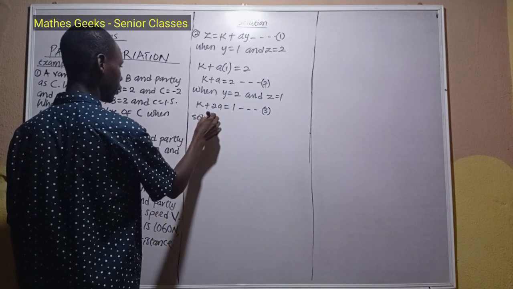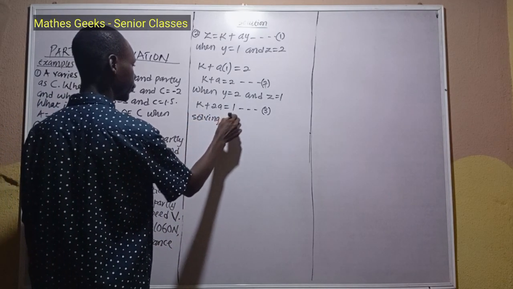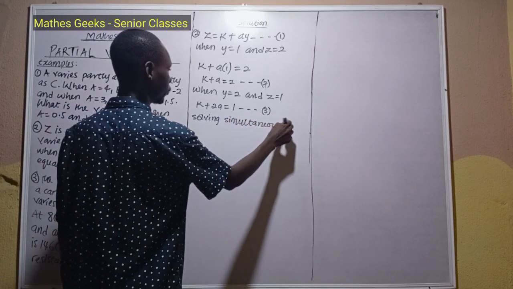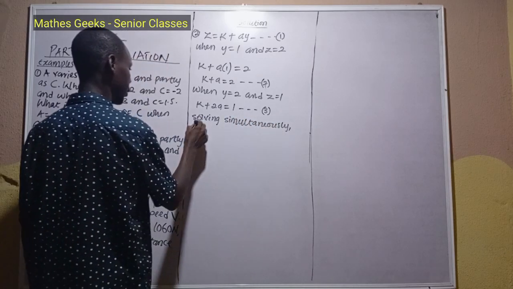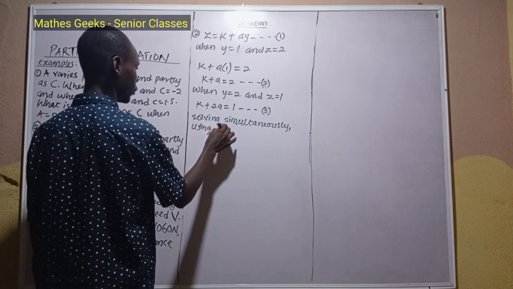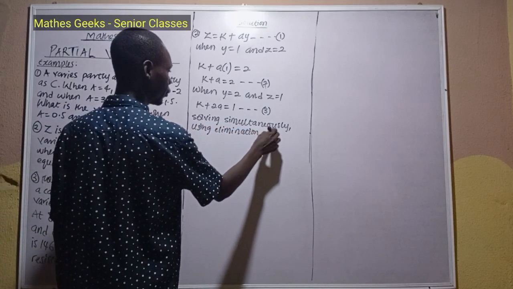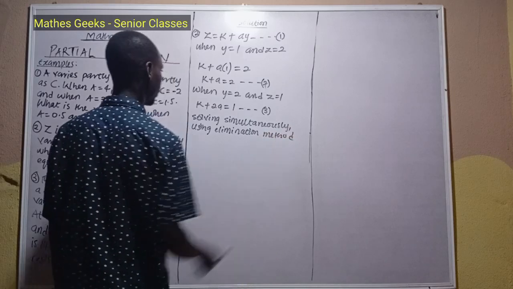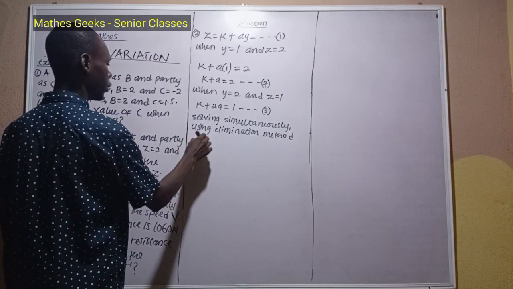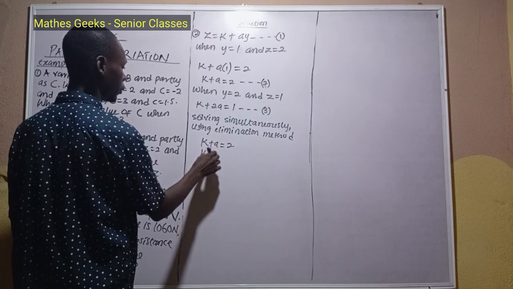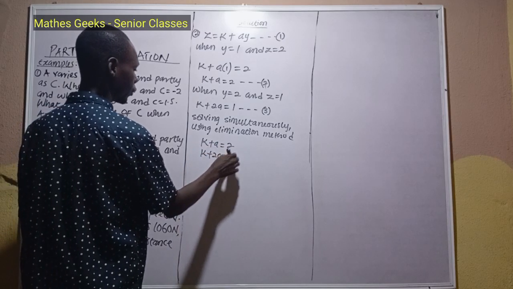Solving simultaneously using the elimination method: k plus e equal to 2, k plus 2e is equal to 1.